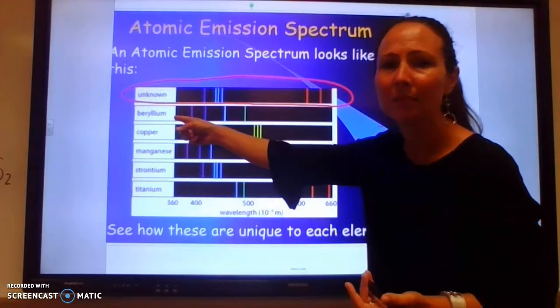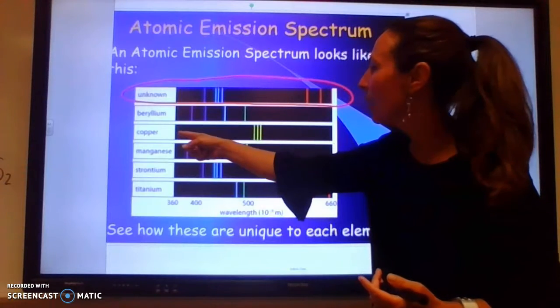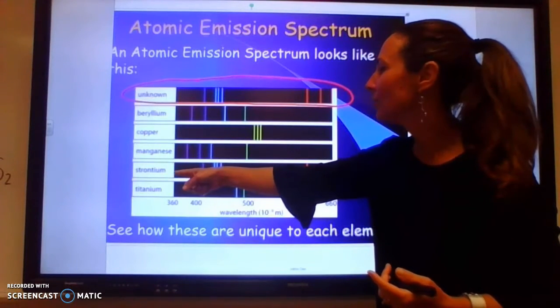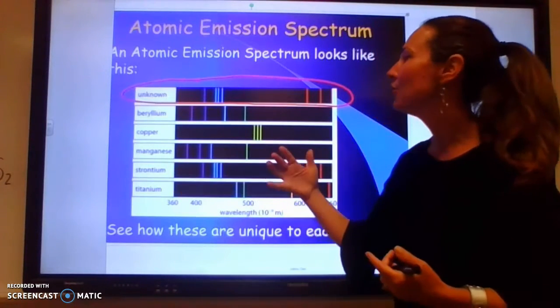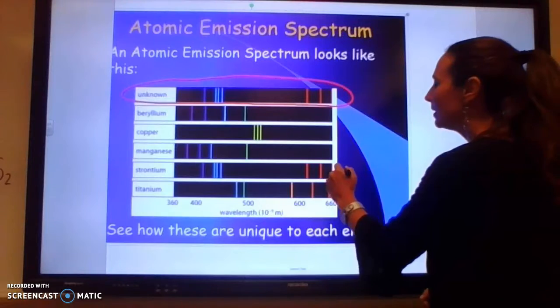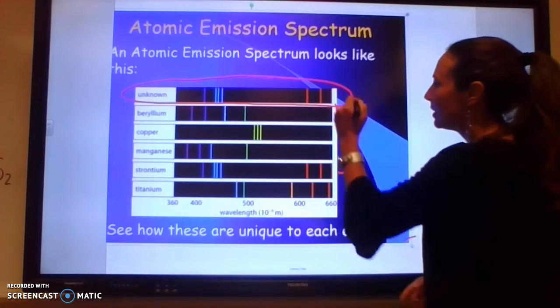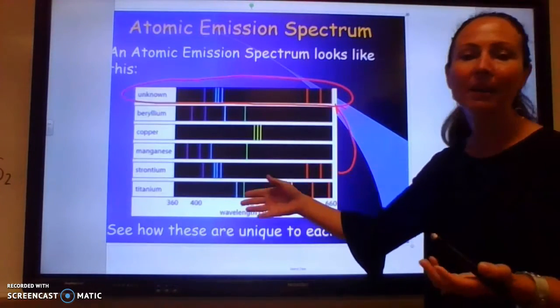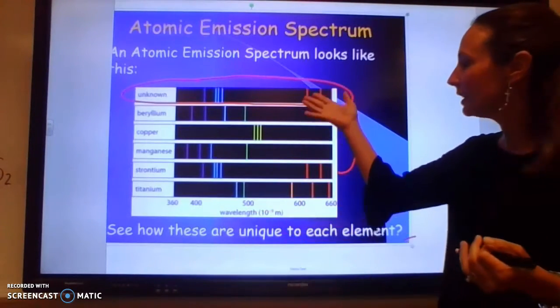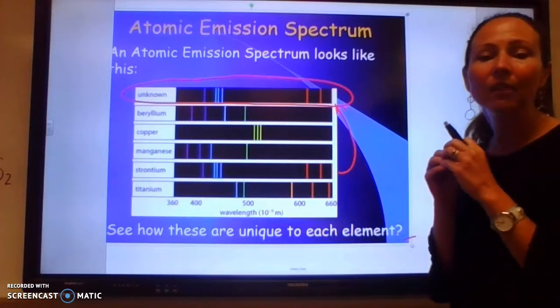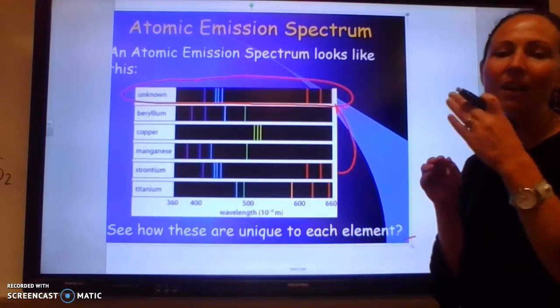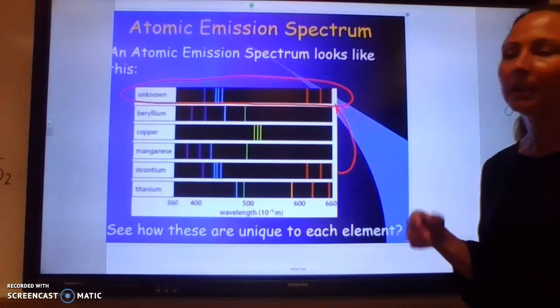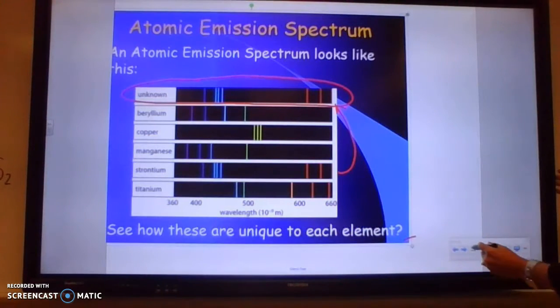Does it look like beryllium? No. There's copper, there's manganese, strontium, and titanium. You'll see that the unknown is actually going to be strontium because those bands of light are the same. So see, this looks a lot like a very unique fingerprint of bands of light for each element. Okay?